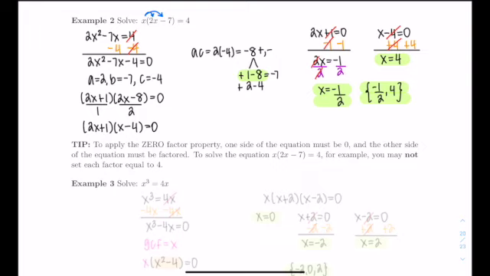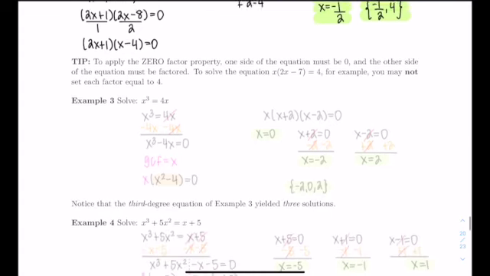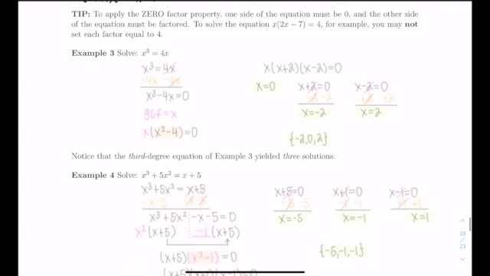We've got x cubed equals 4x. So the problem again is that one side is not equal to 0. So we need to move the 4x to the other side. So we are going to subtract 4x from both sides.